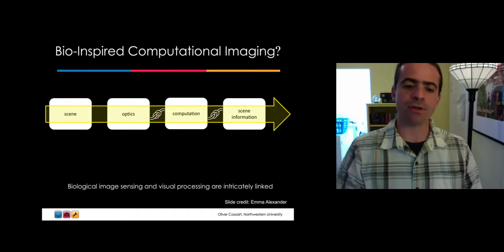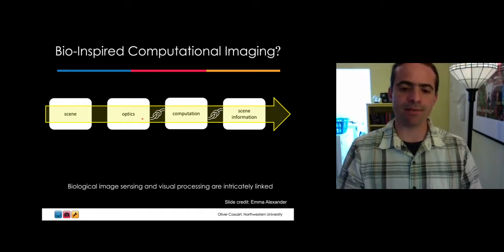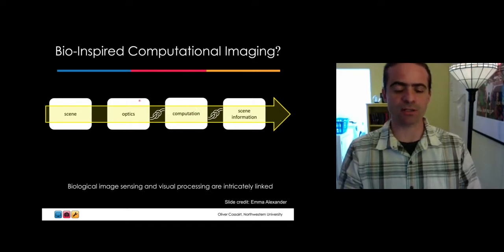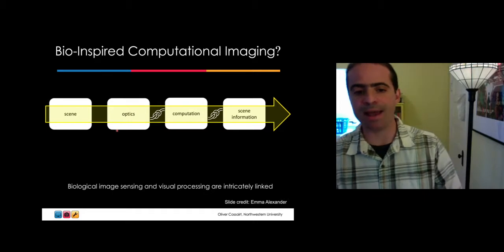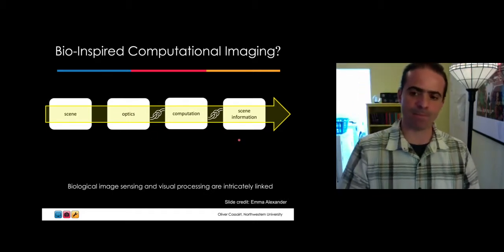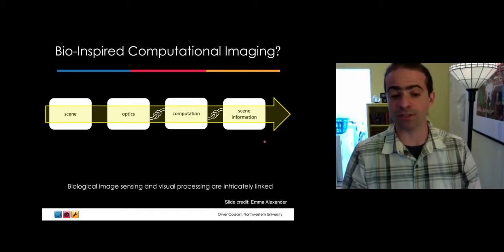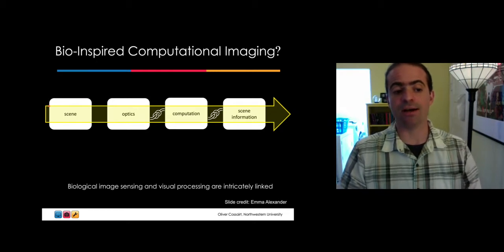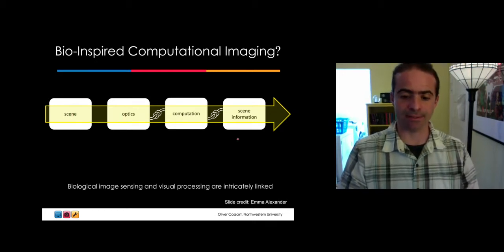And a key component here is this idea that we can link together the optics and the computation and the scene information that we're going to try to reconstruct. And we can try to come up with an end-to-end system design that allows us to do this more efficiently than we could if we were just optimizing these components independently.